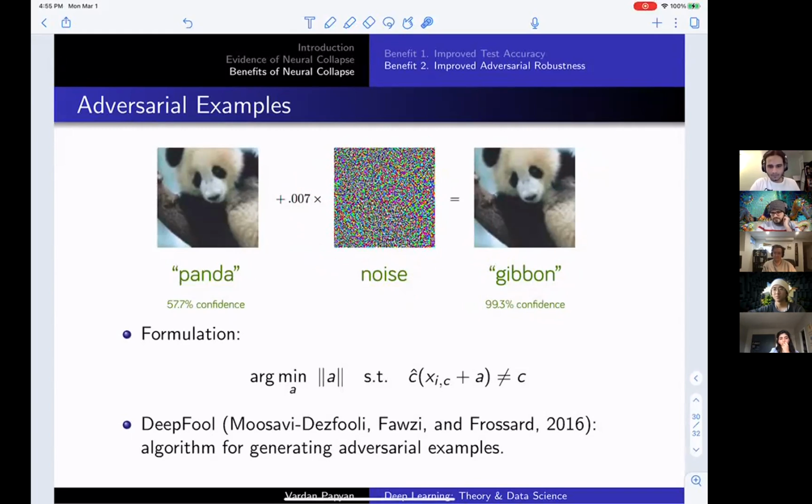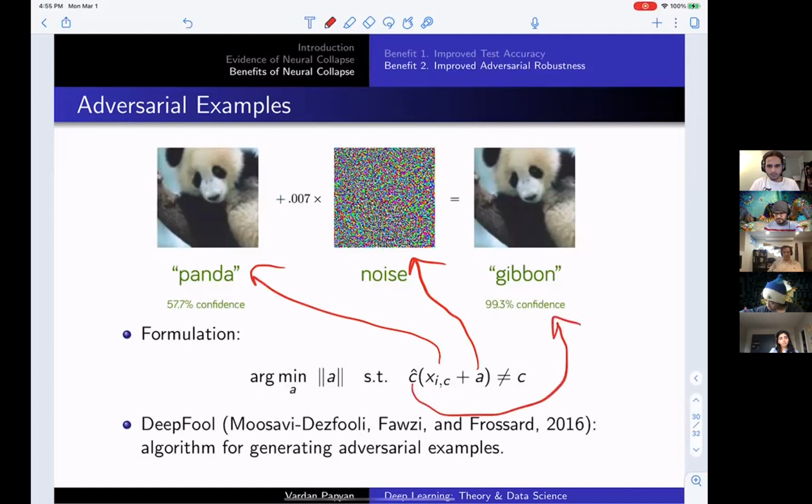Now, one of the formulations that we saw in the lecture on adversarial examples was the following. Given an image x_i^c, the ith example in the cth class, we're interested in finding a perturbation a, which is the noise, so that the predicted class c hat of this perturbed image is not equal to the true class c.